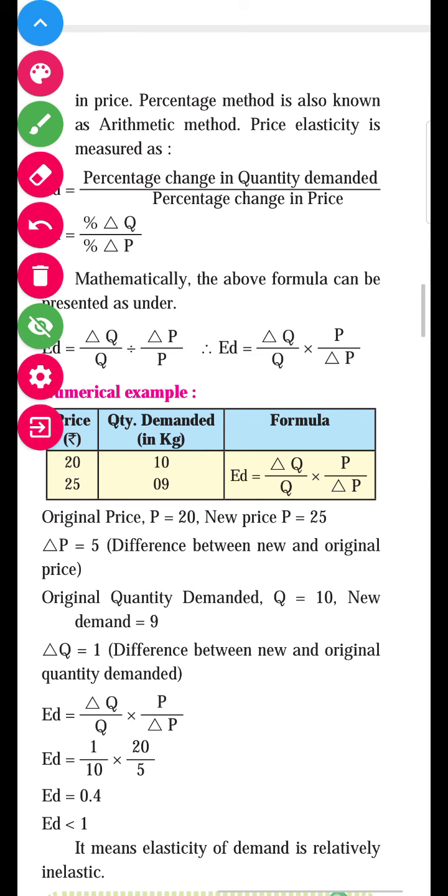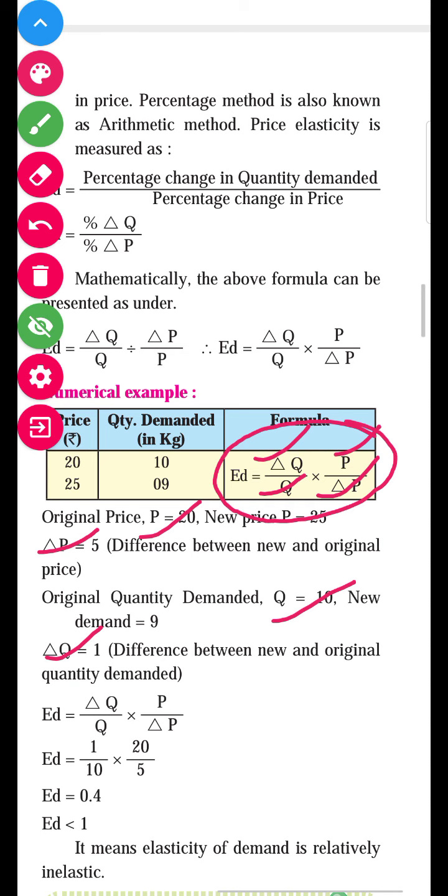Delta Q is 1, delta P is 5, original demand is 10 kg, and original price is 20 rupees. All the values are already given in your textbook.